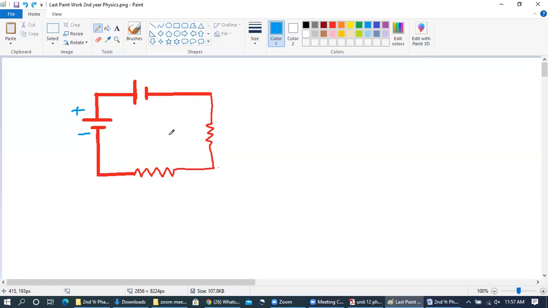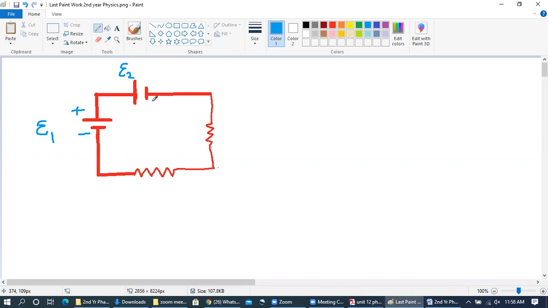This is happening only for the diagram representation. We have made symbolic representations. These are only symbols. Let us consider the name of this battery is epsilon 1, while the other battery has a voltage or EMF of epsilon 2.